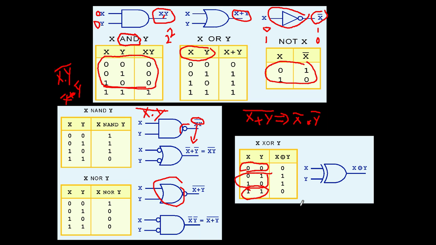When we do long division, usually we subtract. In binary, we do the XOR operation. So the XOR, whenever I have the same input, it's 0, different inputs is 1. This is the truth table. This is the logic diagram where I have a curve, and this is the Boolean expression.